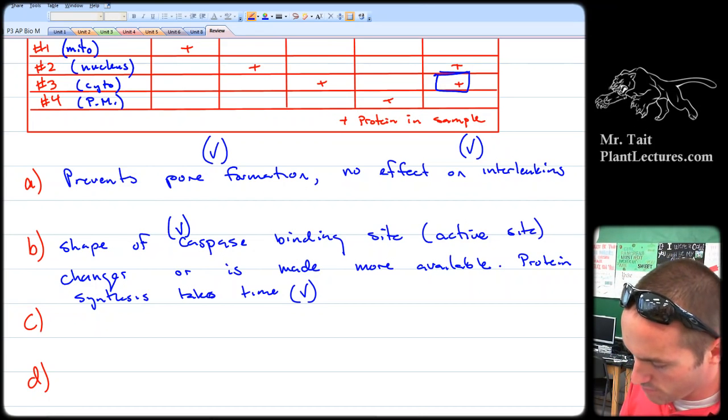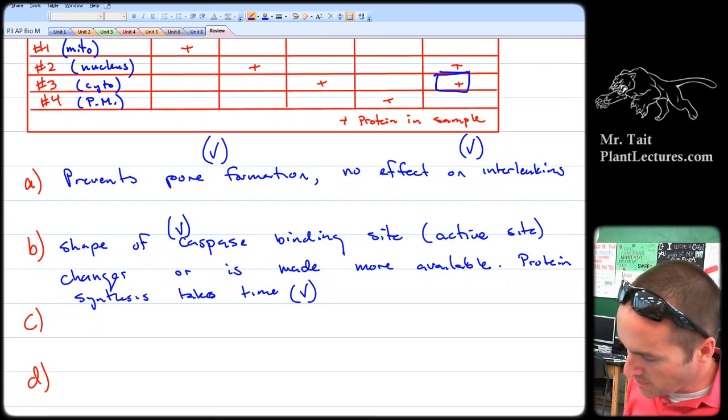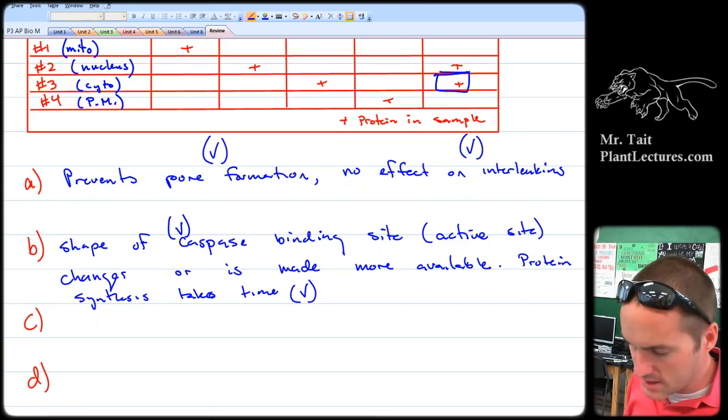What if we said proteins are synthesized in the cytoplasm? I don't think that's enough, because you needed to justify the student claim with evidence. Okay.